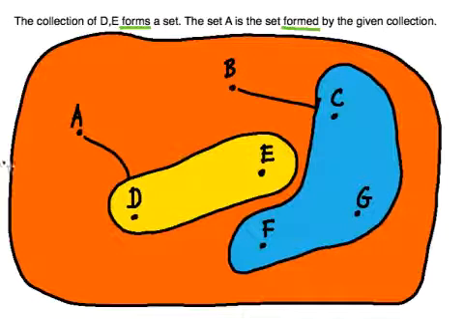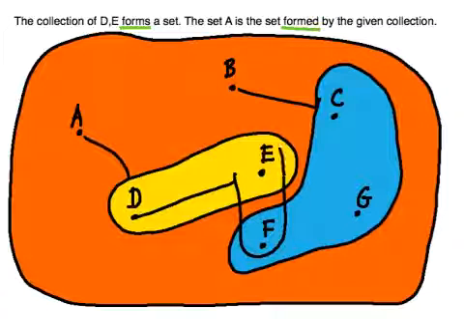Let us make that evident by making explicit what the elements of D, E, C, F, and G are. So let's say D is actually a set whose elements are F and E. And we can mark that with a different color. I'm going to use the green color for that.